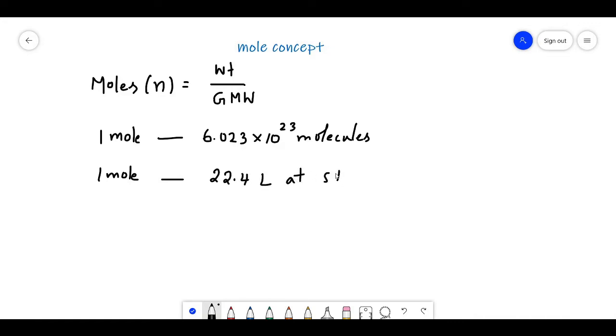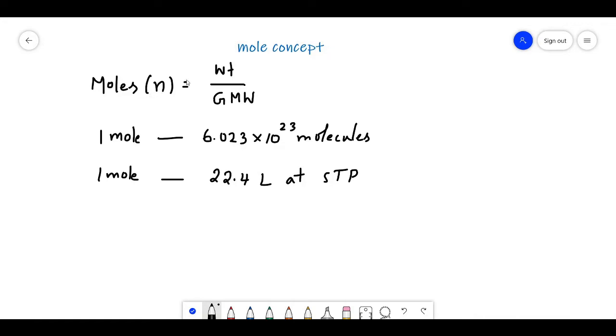STP is standard temperature and pressure. Standard temperature means 273 Kelvin, and pressure is 1 atmosphere. So you have to remember these three while doing problems on the mole concept.